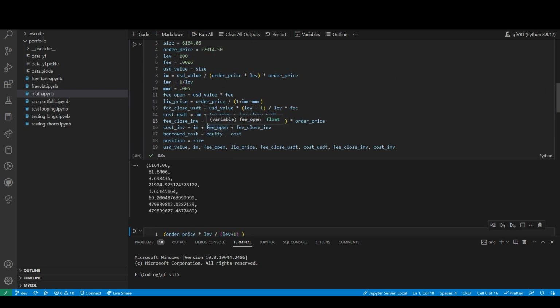Then fees to close is quantity of contracts divided by bankruptcy price times taker fee. So fees to close is USD value.